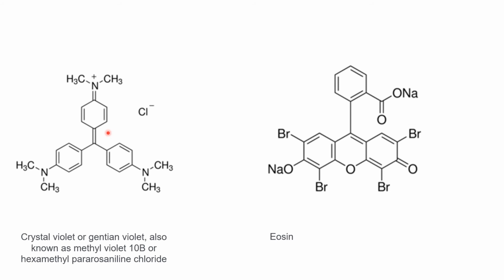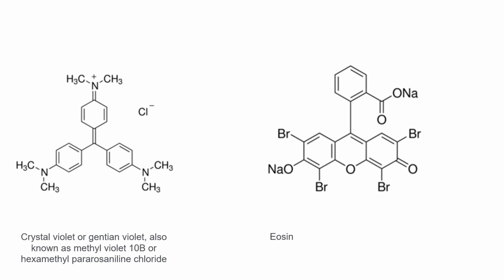What about eosin? Do you think eosin is a positive or negative stain? Since eosin is conjugated with sodium, and we all know that sodium is positive, this oxygen is negative, and they make a salt, so therefore eosin is a negative stain.